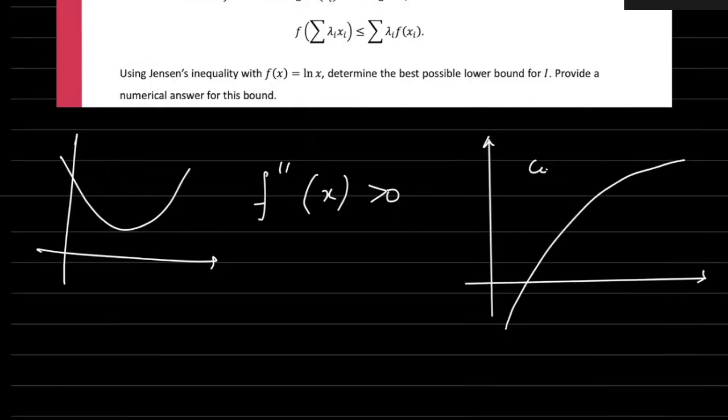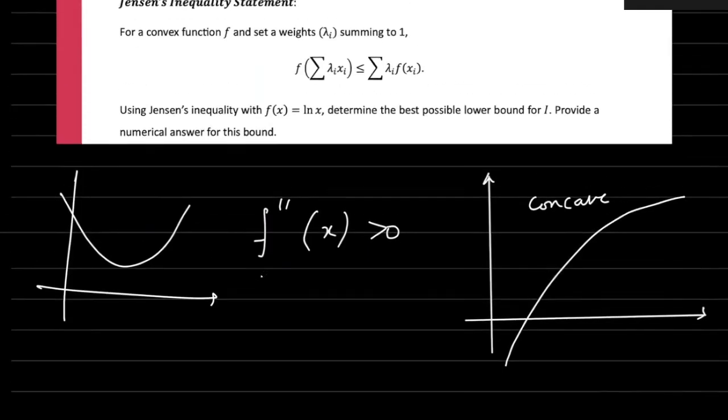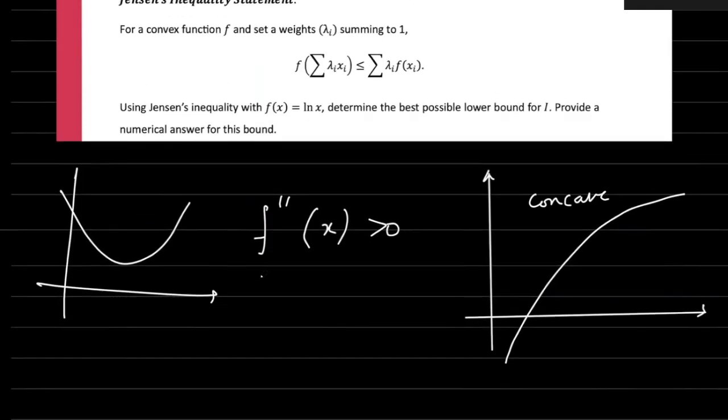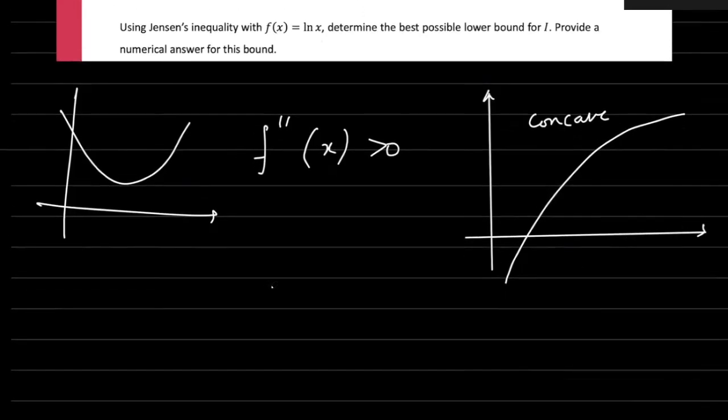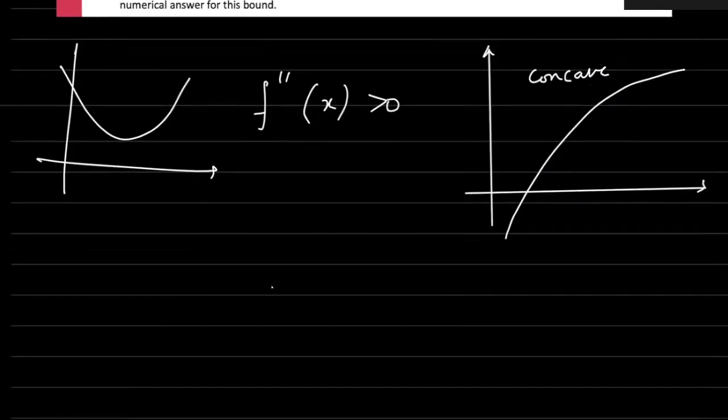This is a concave function. Okay. So the inequality will reverse. The one thing that you need to know for the Jensen inequality is that the sum of all the lambda should be equal to 1. And that is where I think they made the mistake while writing the answers.